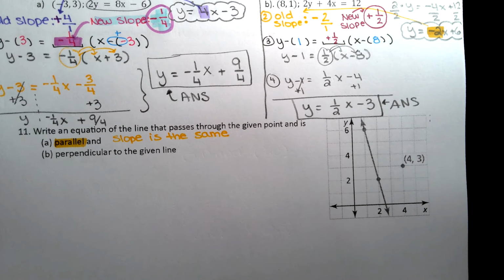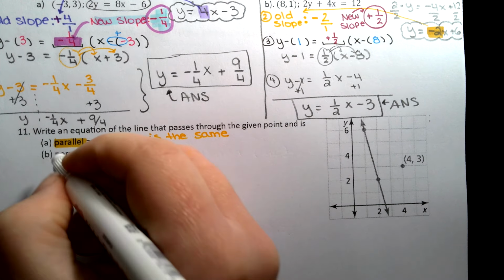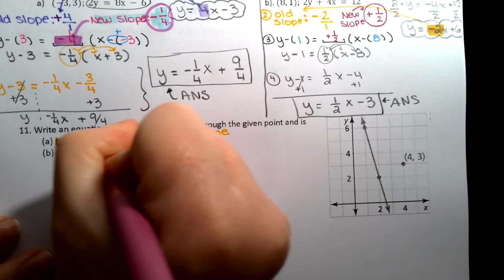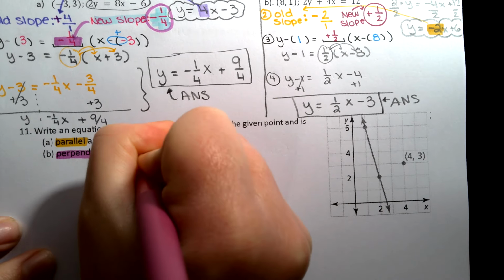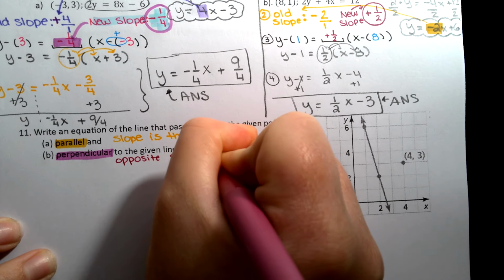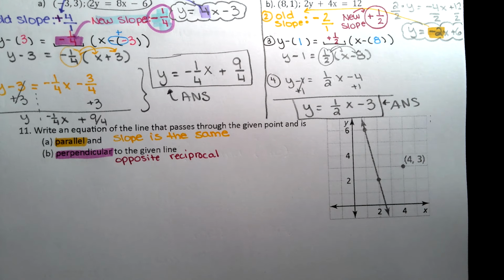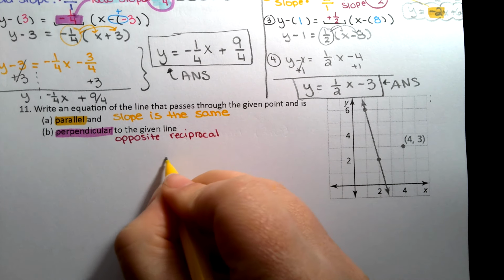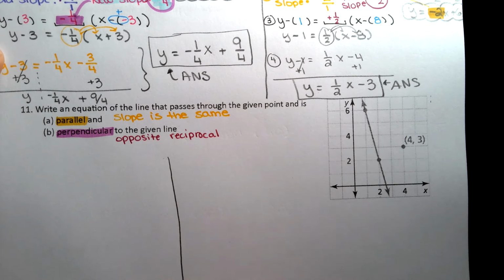And they want perpendicular, and perpendicular means you have the opposite reciprocal, which means we're going to be doing two things. So I'm going to immediately separate my paper here for parallel and then perpendicular.